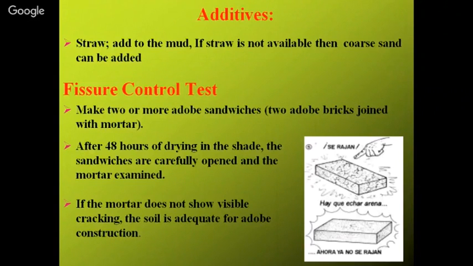Another test is that you make bricks out of the mud, and after 48 hours of drying, if you see micro cracks on the brick, that means your mud is not good for construction.